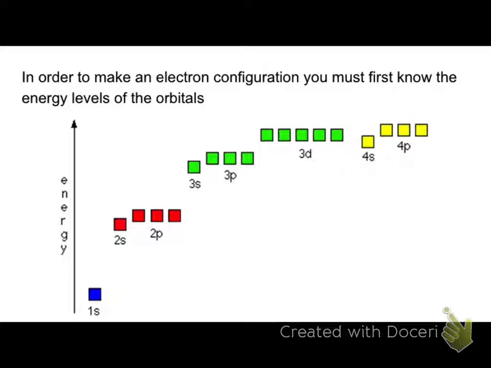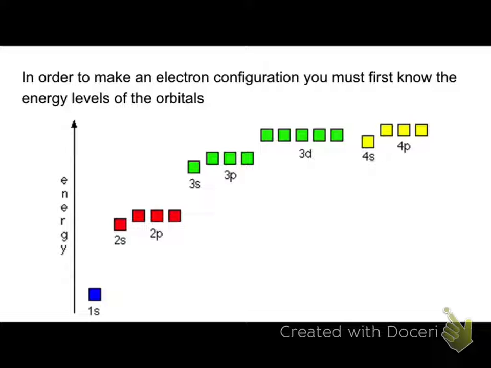They're in the same shell, so it makes sense that their energy levels are similar. However, the 2p orbitals have slightly higher energy levels. And then as we go up, you'll see that the 3s has a whole big jump there between the 2s and the 2p, because we're now in a third energy level. And then the 3p and the 3d orbitals have just ever so slightly more energy than the ones before them.